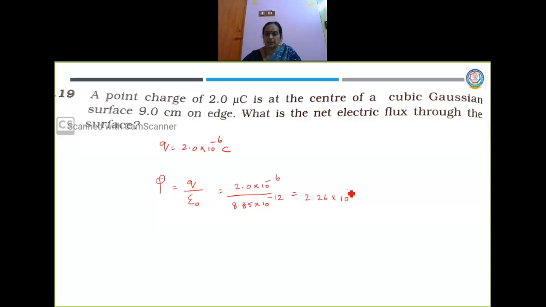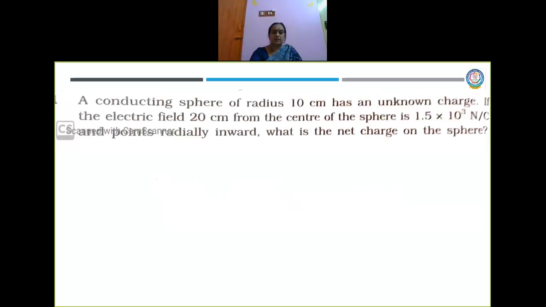So you have 10 power 6. When you adjust the power for the SI unit, you will actually have 0.26, so it is 10 power 5. Now since you are determining flux, it is Newton meter square per coulomb. Very simple problem. Okay, let us move on to the next.